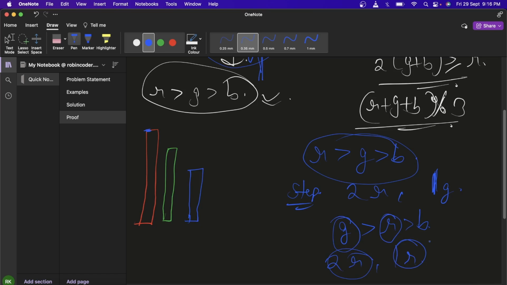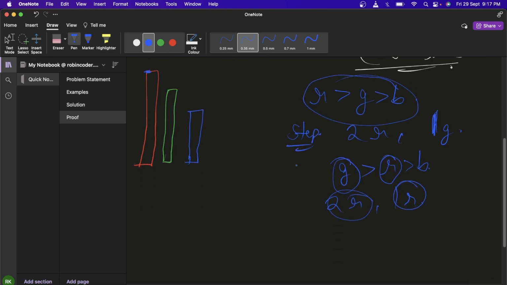This is the general hypothesis of the algorithm, and we will use this until we reach a case where all are nearly equal. I'm saying nearly equal, it means that the difference between maximum and minimum is at most 1, not greater than 1.